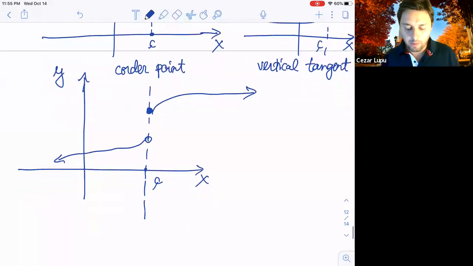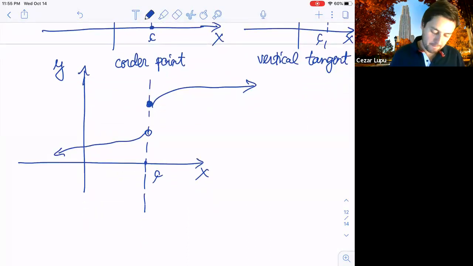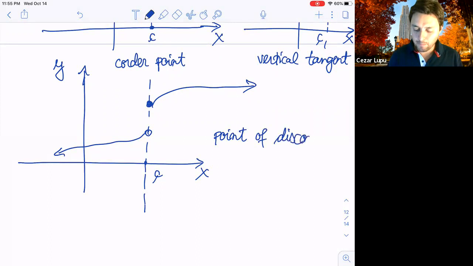So this is what we call a point of discontinuity. Okay, so these are the three common ways for which a derivative does not exist.